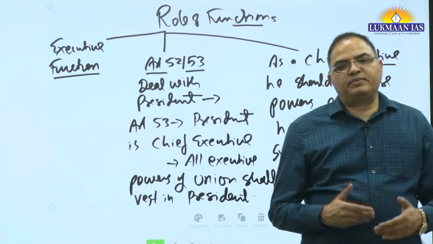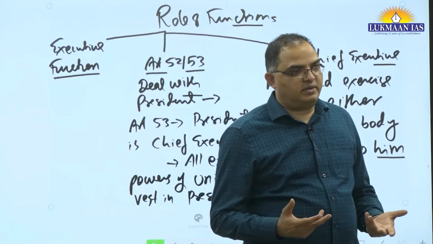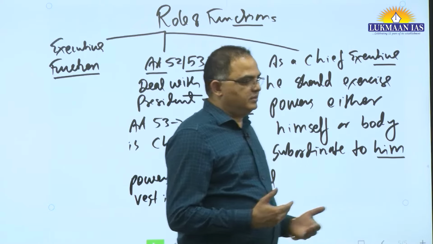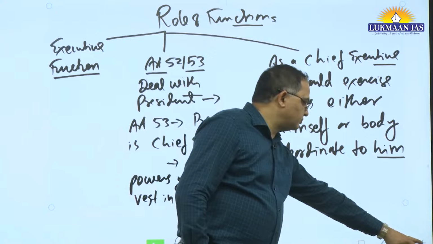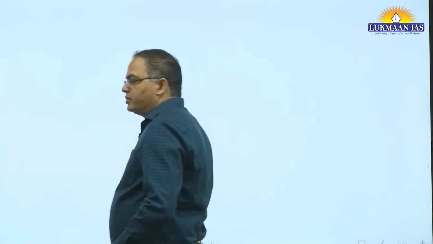But Article 53 cannot be read alone. Let's write a few lines. Article 53 shows that the President is an all-powerful person.